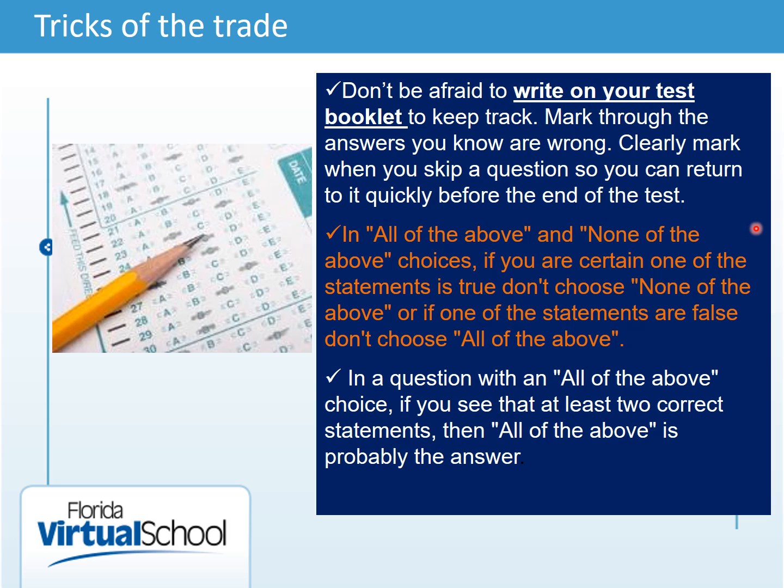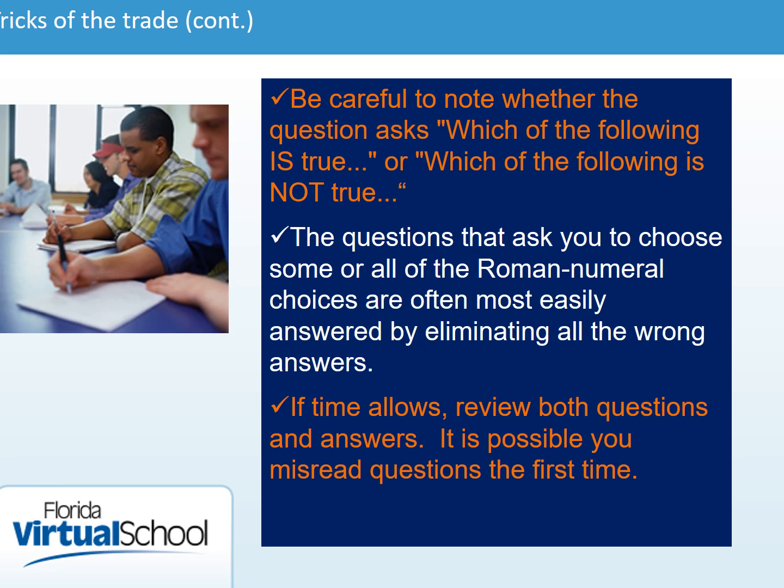Absolutely. In all of the above and none of the above choices, if you are certain one of the statements is true, don't choose none of the above, or if one of the statements is false, don't choose all of the above. In a question with an all of the above choice, if you see at least two correct statements, then all of the above is probably the answer. Be careful to note whether the question asks which of the following is true or which of the following is not true.